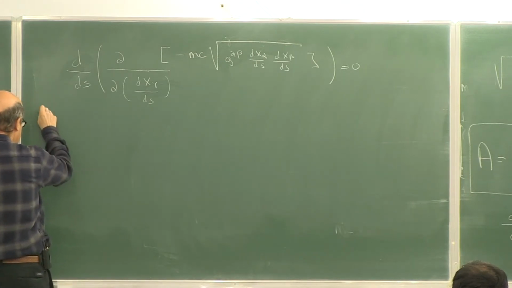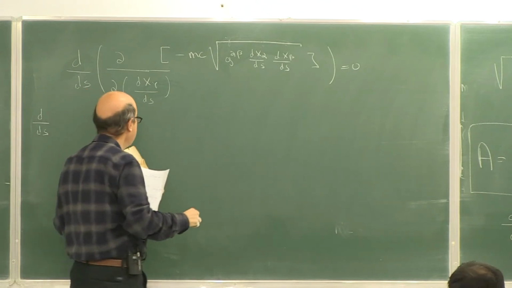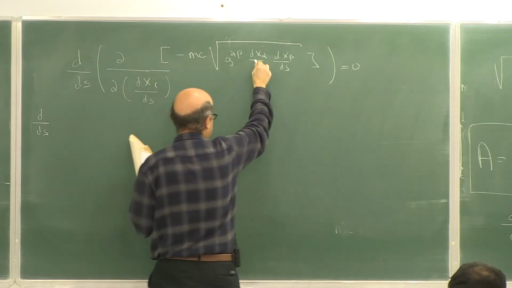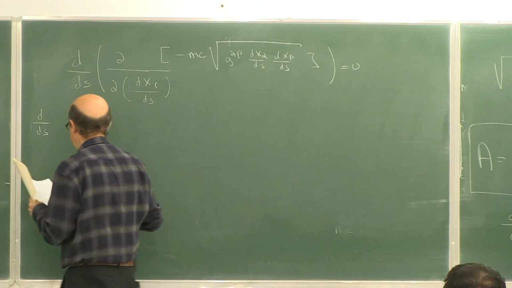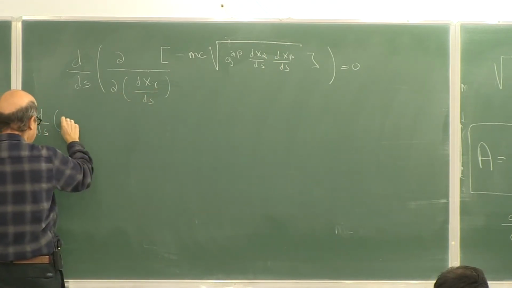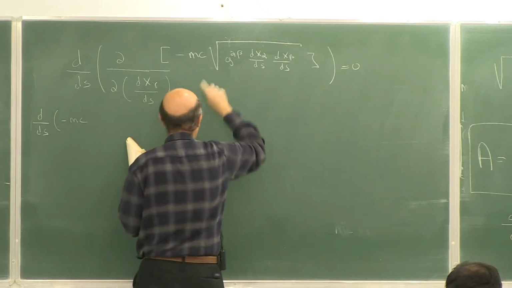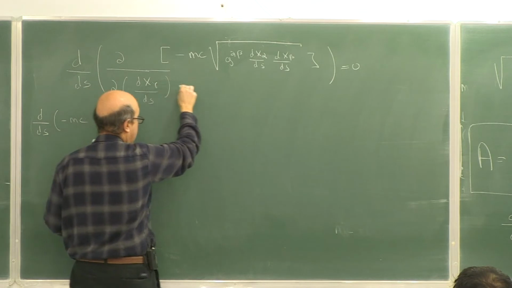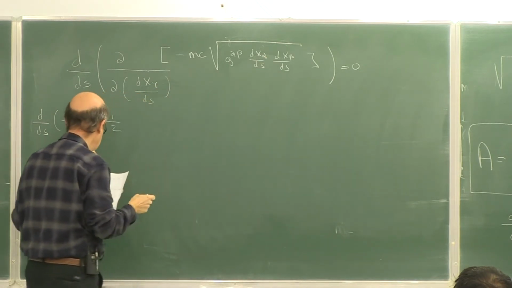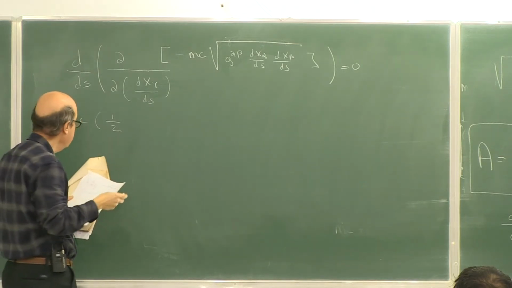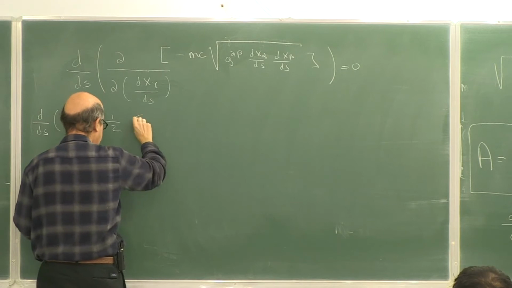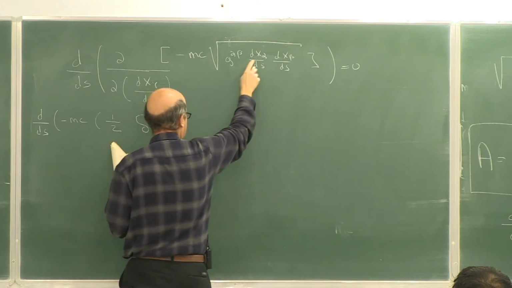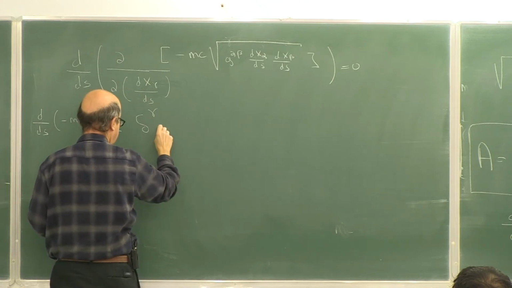So basically this is equal to d over ds. If you take the derivative with respect to dx gamma over ds, one of the terms, let's say dx alpha over ds, what are we going to obtain? We have minus mc. The exponent of the square root will bring 1 over 2. When gamma and alpha are equal to each other, you can take the derivative, otherwise you cannot. That could be represented by a Kronecker delta of gamma and alpha.